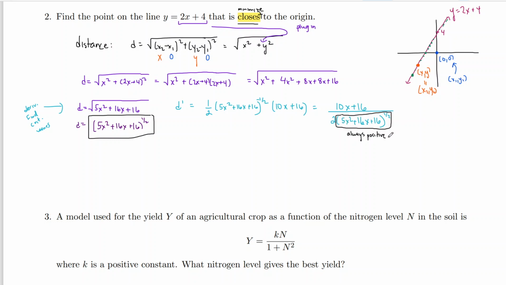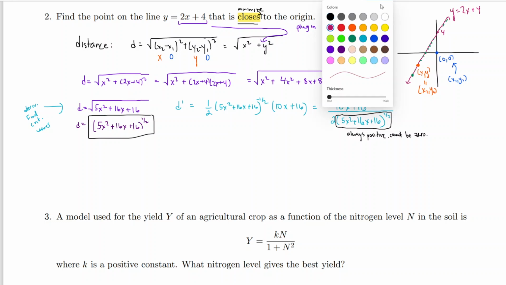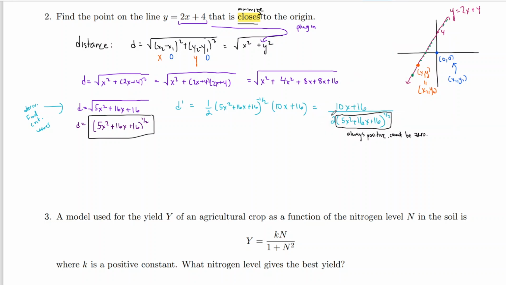So we don't even have to set the denominator equal to 0. What would happen if you set this equal to 0 and solve it is you would get some imaginary numbers. So we don't have to worry about that. And of course, multiplying by 2 wouldn't change it because it's just going to keep it positive. So all we have to do to find the critical numbers is set the numerator equal to 0.